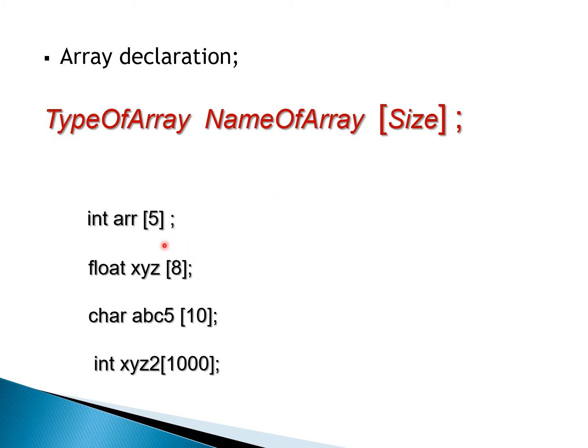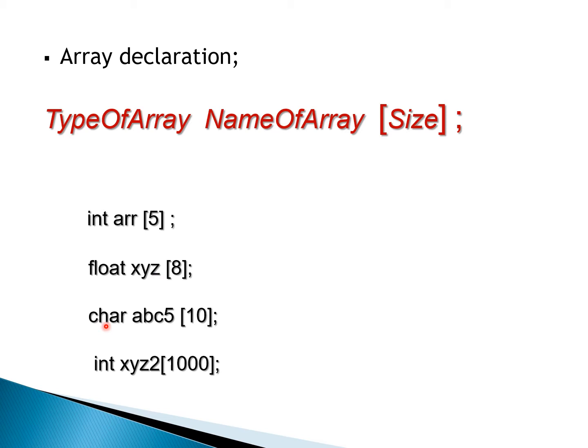These are a few examples of array declaration. For example, this one, int ARR, this is the name of the array, and the size is 5. So this means that we have 5 integer variables. Another example, float xyz with size 8, and then a semicolon. This means that we have 8 float variables.